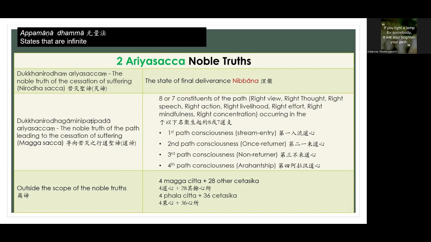So it is for this reason, because of that jhana factor of samma sankappa or vitakka being eliminated in the higher jhanas, from the second to the fifth jhana, those jhanas will have only 7 path factors. They'll have only 7 magganga. The first jhana will have all 8 magganga. So this is the reason why we say 8 or 7 constituents of the path, or 8 or 7 magganga.